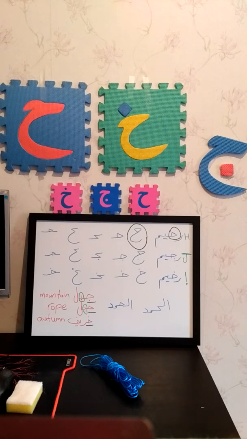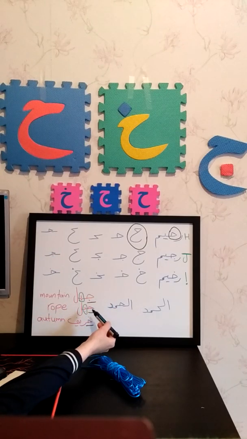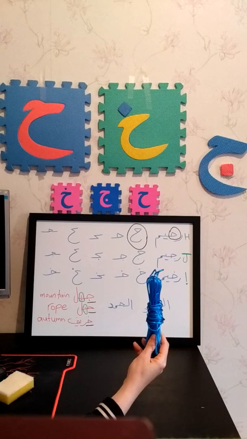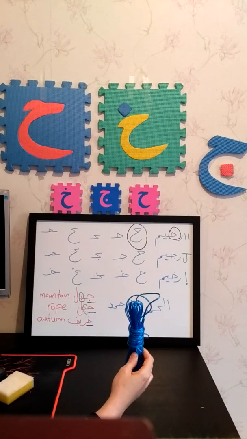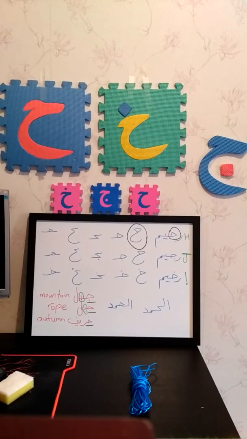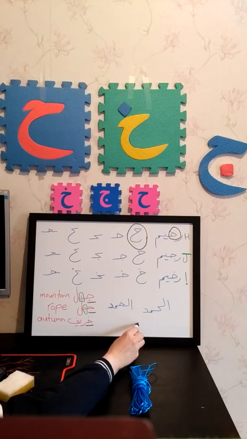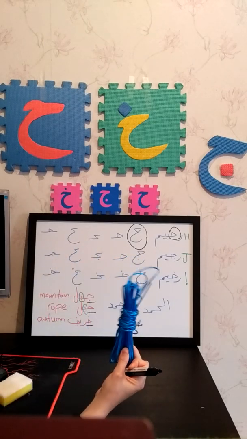For example, I will begin with ha. This word begins with ha, it means habl, or rope.